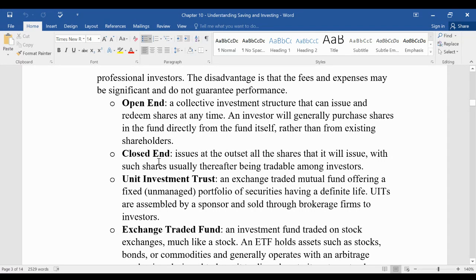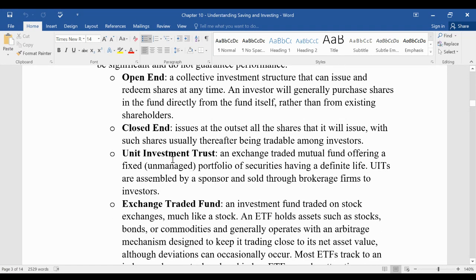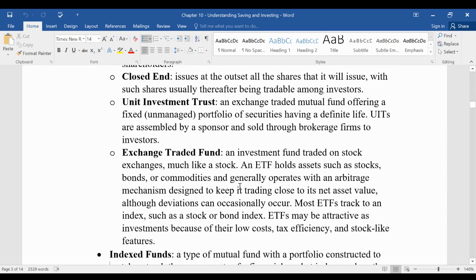Only a fixed number of shares were created, and if you want to purchase some of those shares, you have to buy them from someone who's willing to sell them. Unit investment trusts are a little bit more complicated. You should really do your homework before you get into one of these. Many of them are constructed to have a defined life period. So if you don't understand the construction, I probably would avoid some of these because there's so many other options that are out there.